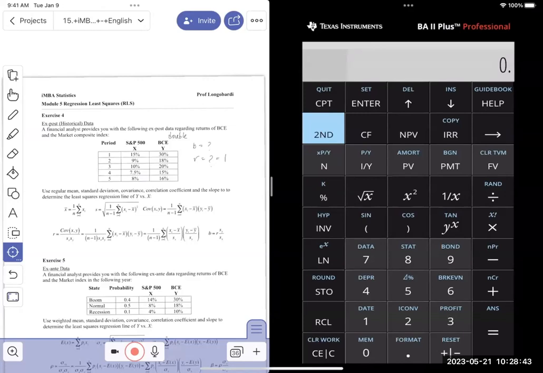So let's put all these numbers in our calculator. Let's go back to the worksheet, clear the worksheet and put the numbers in.